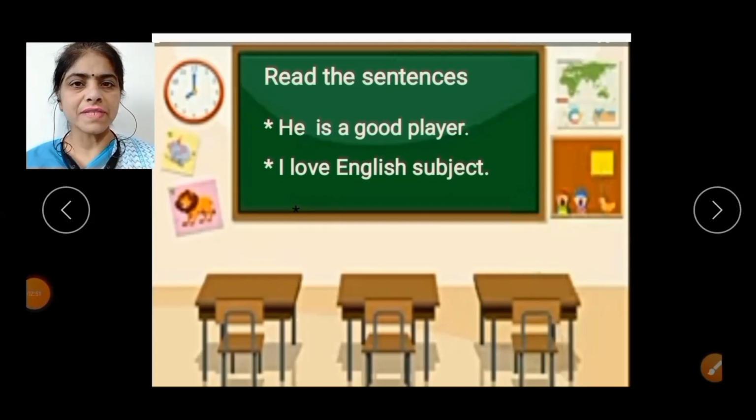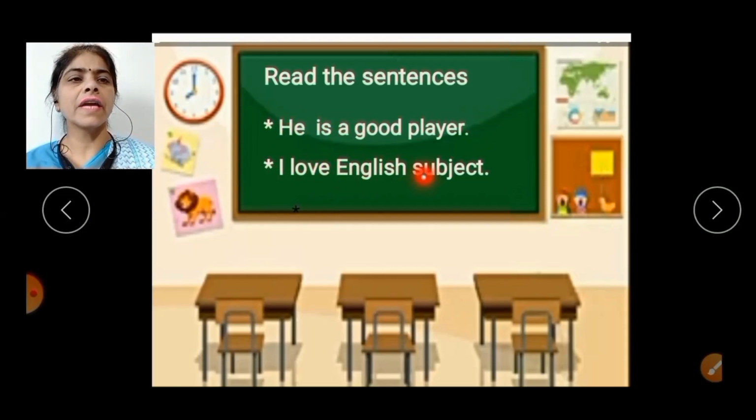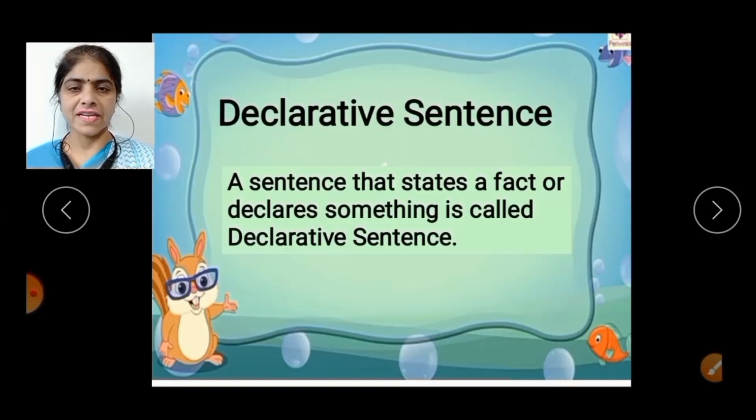Here we have some sentences. Let's read them. The first one is: he is a good player. Second one: I love English subject. Students, as these sentences make a simple statement or state an opinion, these are declarative sentences.